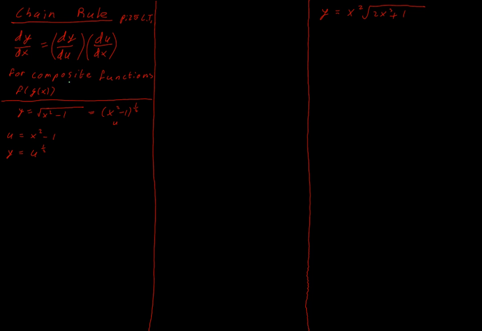dy du would be differentiating this with respect to u. I'm going to differentiate with respect to u, so multiply by the power and subtract 1 away from the power. And then du dx is just differentiate this normally.